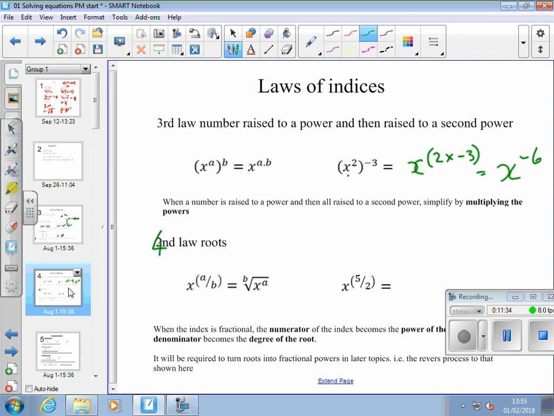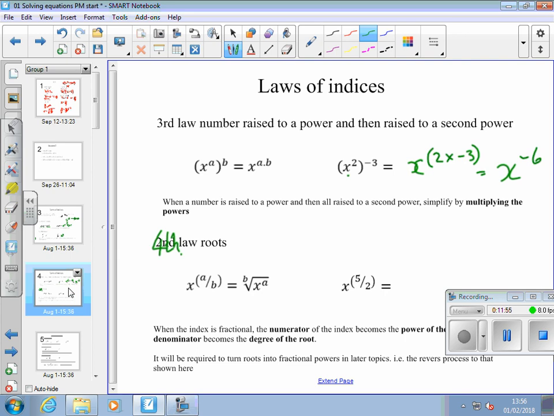Fourth law, not the second as it is on my copy and paste notes, I would think. If we have x to the a over b, that's equivalent to the bth root of x to the a.